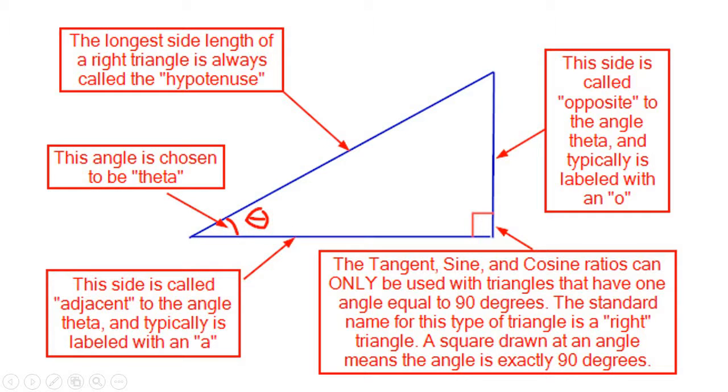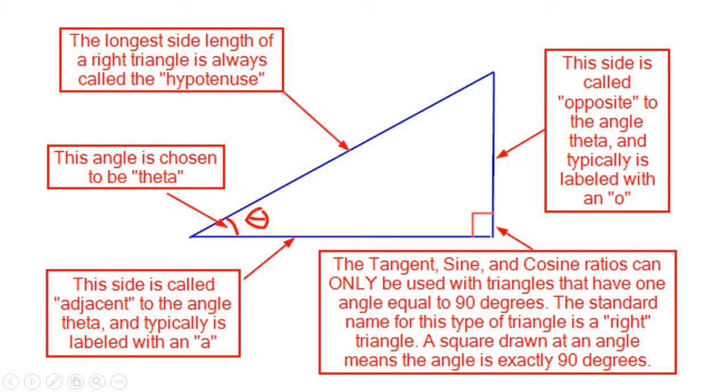So that's very important to look out for. Unless it tells you in the question, or the angle is labeled with this square, or is labeled as 90 degrees, do not assume that it is a 90-degree angle. This long side length here, we always call the hypotenuse of a right triangle.